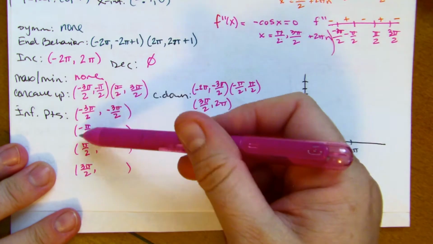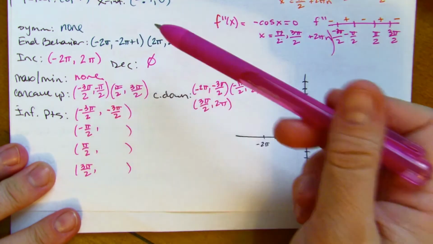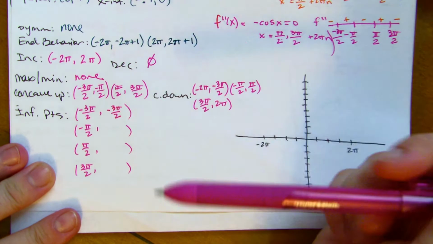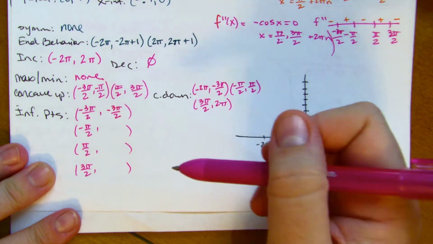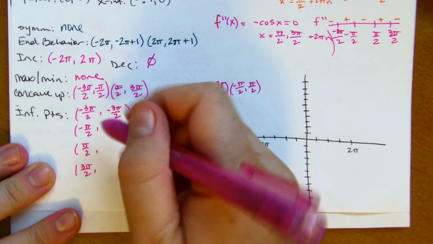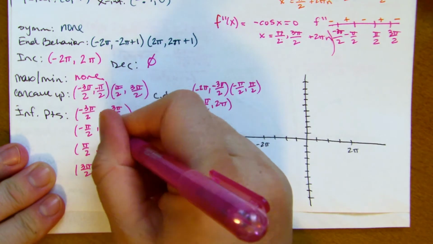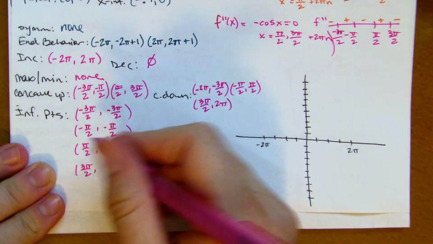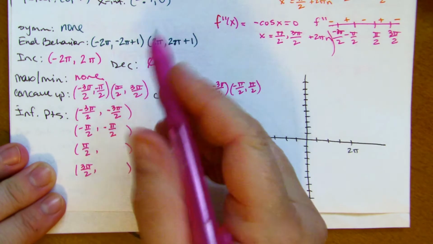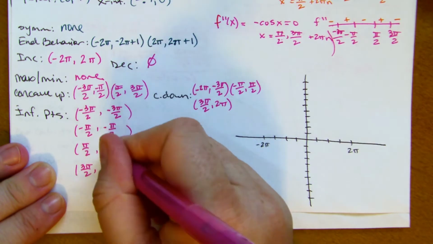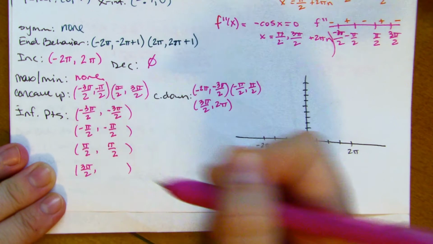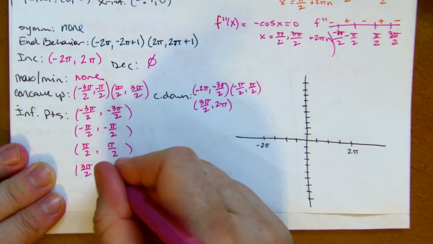If I plug in negative pi over 2 for cosine, that's going to be 0 as well, and so we've got negative pi over 2. And then plugging in pi over 2, that's also 0 for cosine. The x value is pi over 2, and then 3 pi over 2.